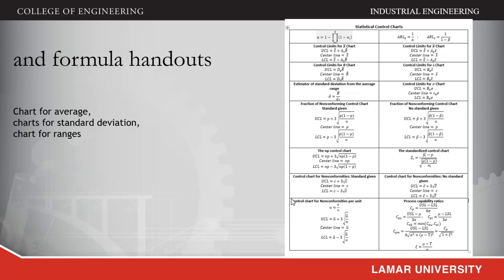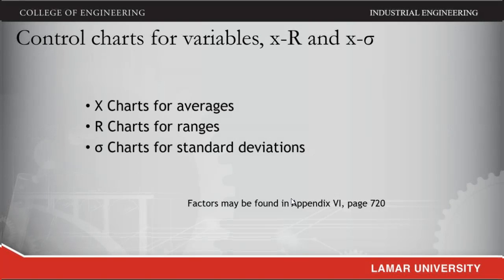In any case, the values for the parameters in the charts for variables depend on knowing other factors like A's, B's, and D's. And we are going to just explain where to find them.